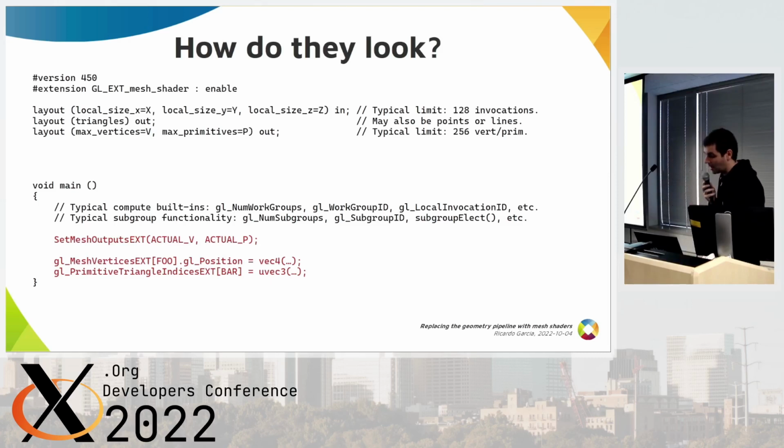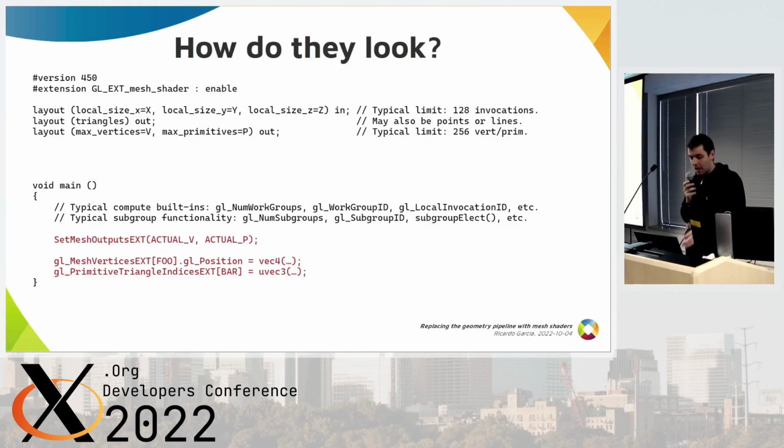Here you can see how. After perhaps some initial processing, you cannot see here, you have to indicate how many actual vertices and primitives the workgroup will emit using this set mesh outputs ext call. And that call goes first before filling any output arrays, and you can reason about it as letting the implementation allocate the appropriate amount of memory for those output arrays or something like that.